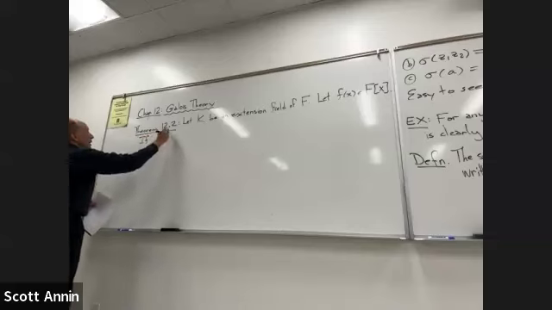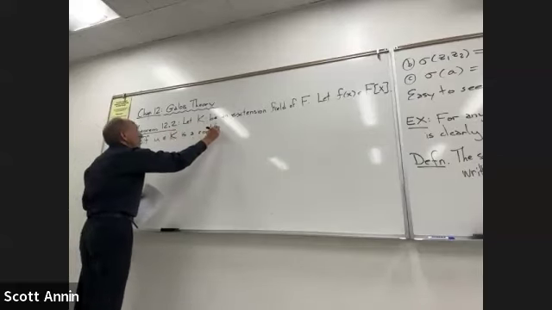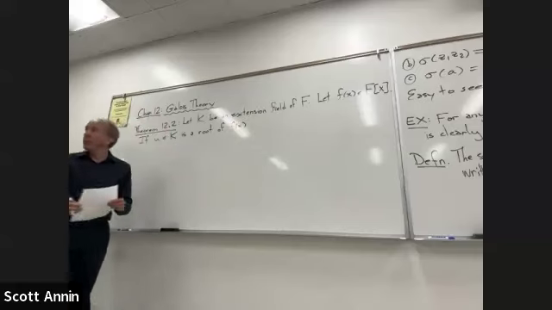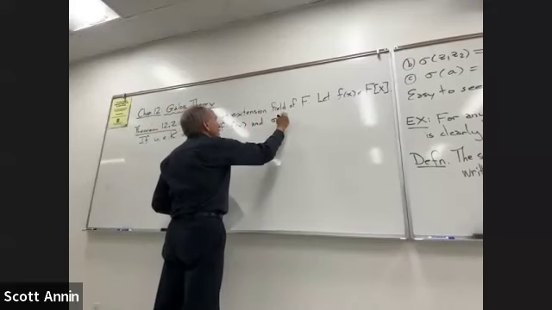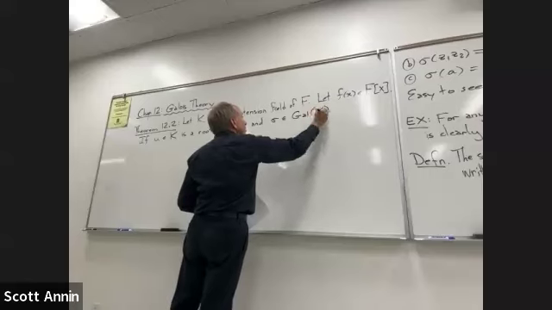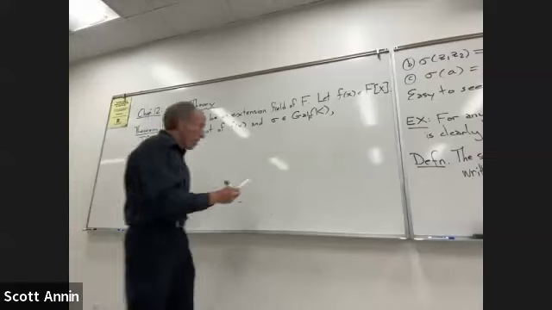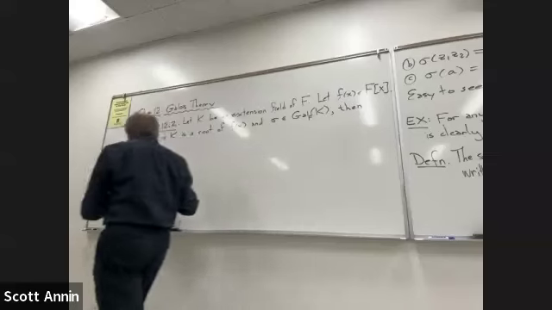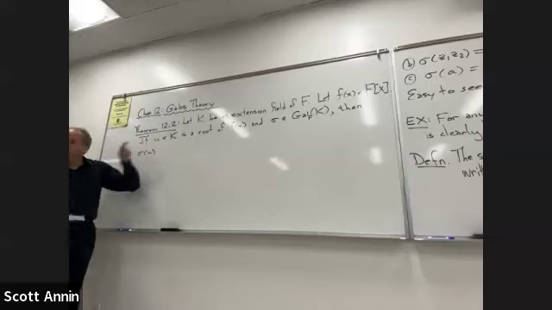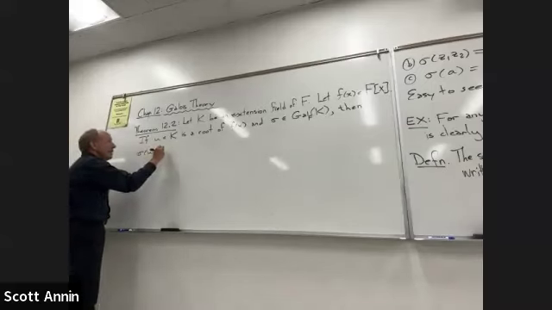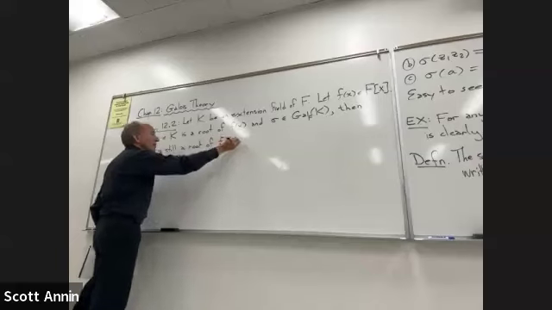If u, which is an element of K, is a root of little f of x, we start with a root of our polynomial, and sigma is in this Galois group of K over F. So if we grab one of our F automorphisms, then sigma of u, so we apply sigma to u, which is something from the extension field K, is still a root of f of x.